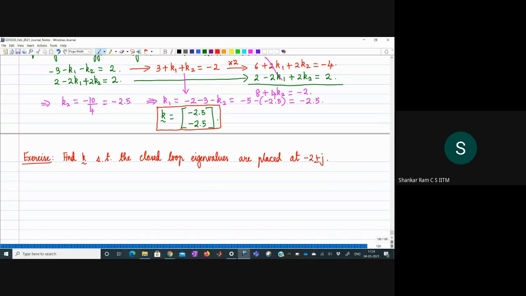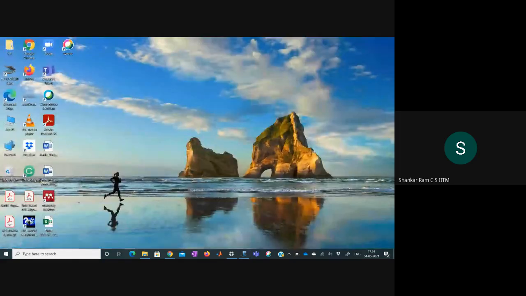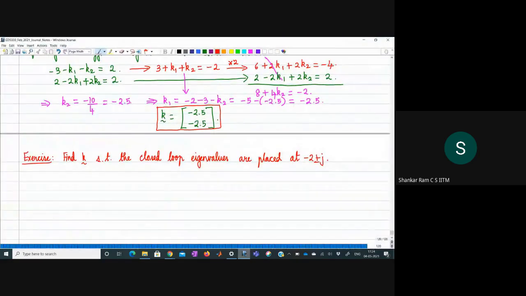We are calculating the value of K to place the closed loop eigenvalues at certain locations, and as we know, there is a correspondence between the eigenvalues of the state matrix and the poles of the transfer function.